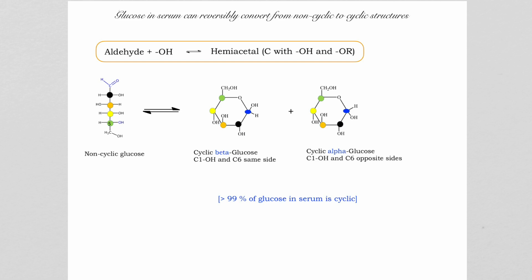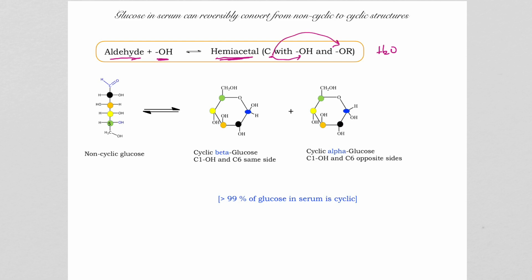There's a very important reaction that can happen even in water very well, and that is a reaction between an aldehyde or ketone and a hydroxyl group. The product is called a hemiacetal. Basically, it's a chemical where there is a carbon to which is attached an OH group as well as an OR.